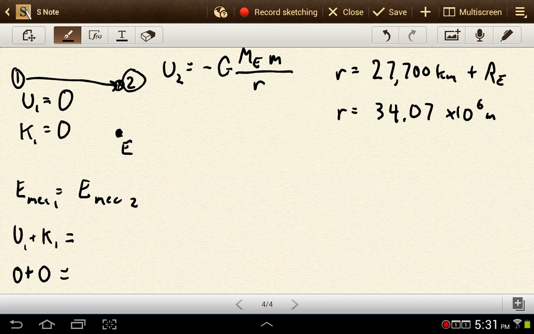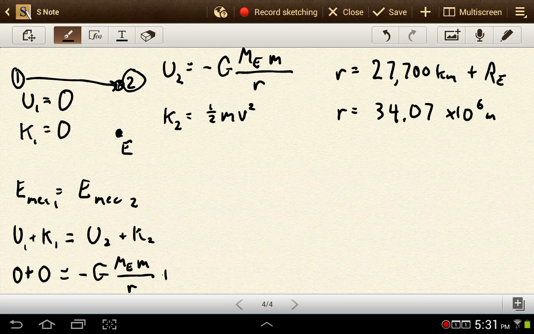So that's our potential energy at the point of closest approach, and then our kinetic energy there, we just use the good old 1/2 mv squared. And of course, v is what we want to solve for. So U2 plus K2 is negative big G mass of the Earth times mass of the asteroid over that distance between them that we found, plus 1/2 mass of the asteroid v squared.